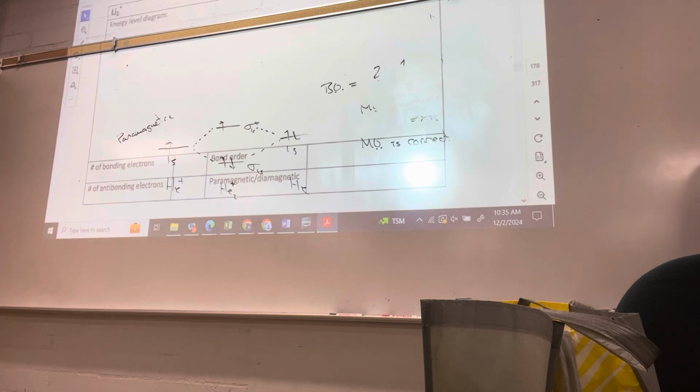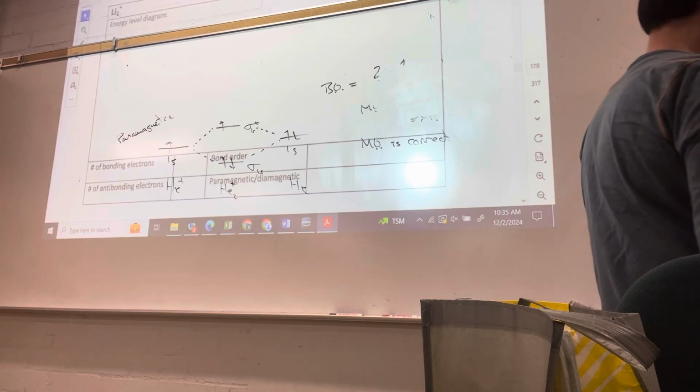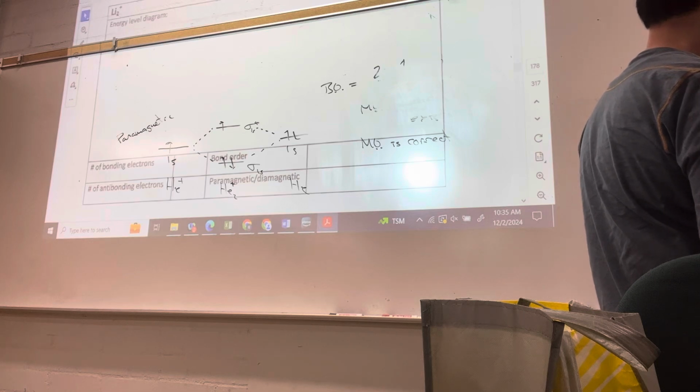And then we're going to have a sigma star 2s, which will be like the sigma star 1s, except there's going to be another node in there.